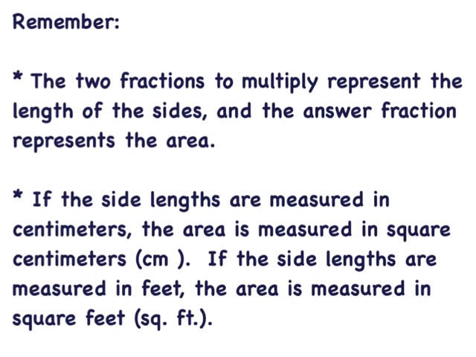And we do that with the centimeters, and don't forget that little 2. That means squared. And if the side lengths are measured in feet, then the area is measured in square feet. Don't forget to make sure you're documenting what unit you're measuring in.